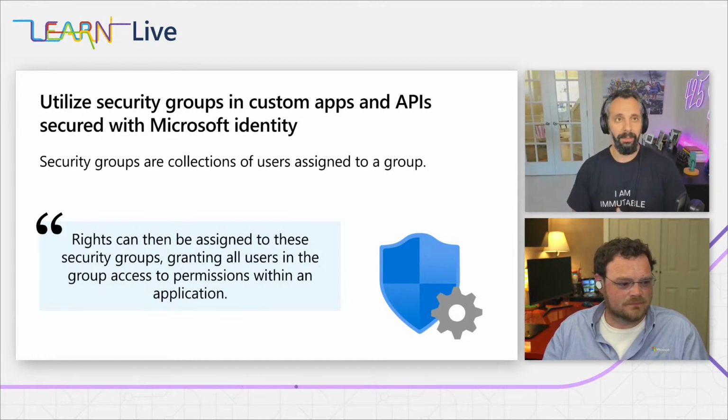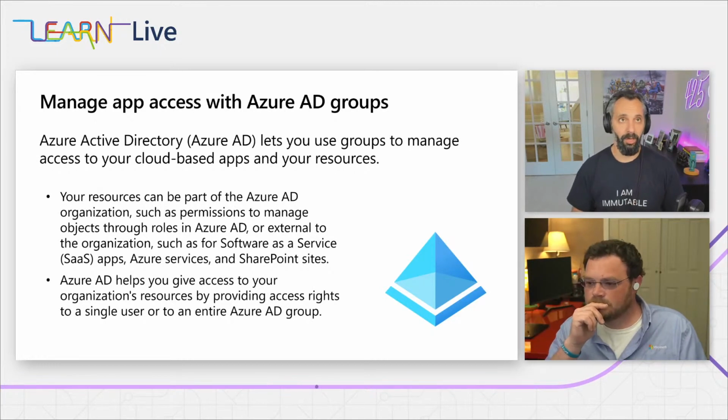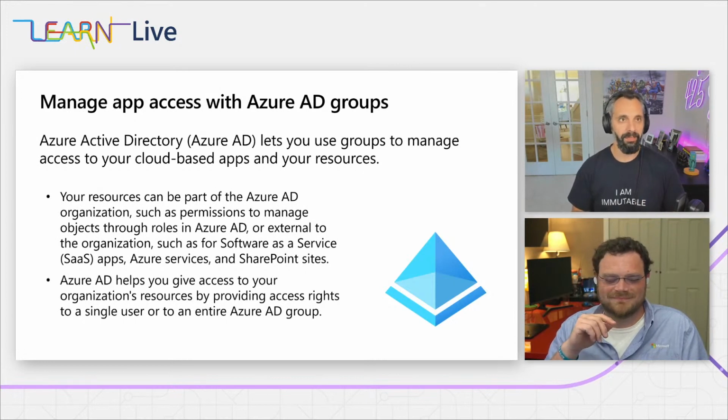So Azure Active Directory has taken that on and allows you to use security groups to do authorization within your application. Your resources will be part of an Azure Active Directory, and as you saw, JP earlier on showed us how you could assign users to specific groups. He's got way too many groups in his directory, but that's for good reasons. You'll see in a bit.